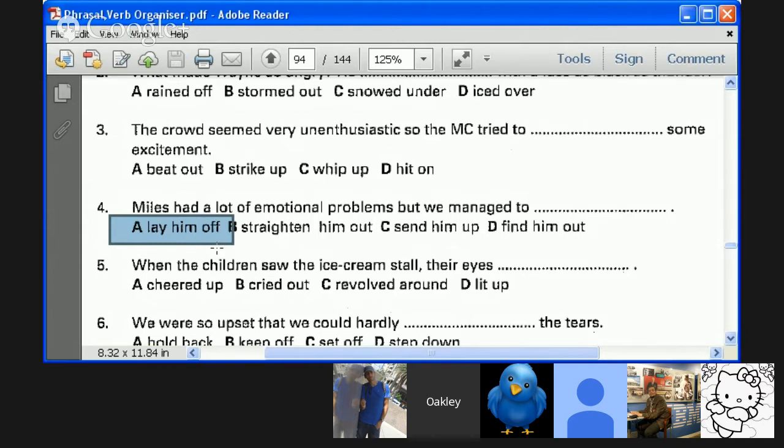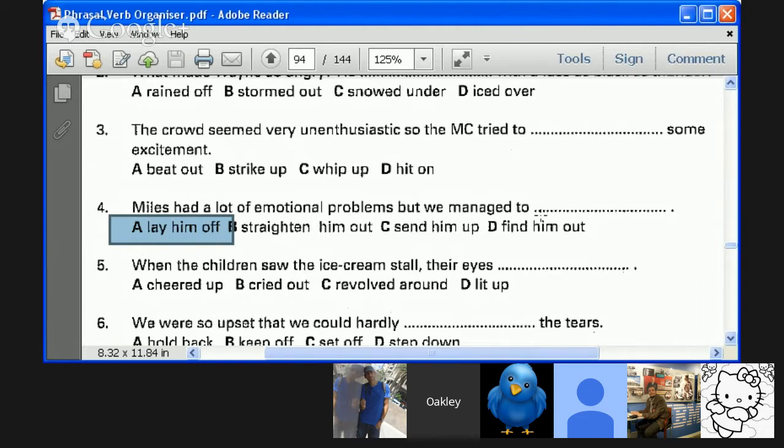I could say I'm laying off from potato chips because I'm getting too fat. I'm going to lay off potato chips for a while. All right, I'm going to stop doing that. So there's definitely the meaning of stop something.